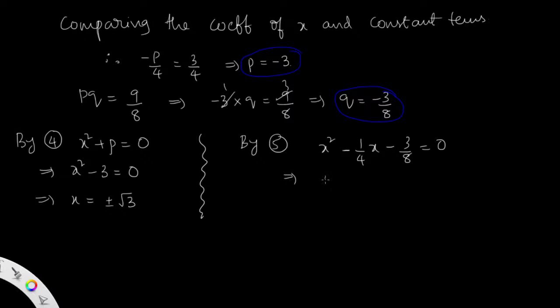Now taking the LCM, we get 8x square minus 2x minus 3 equal to 0.